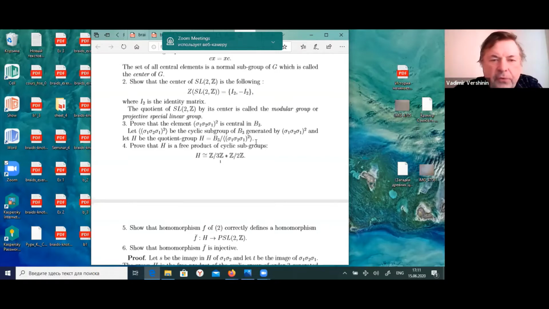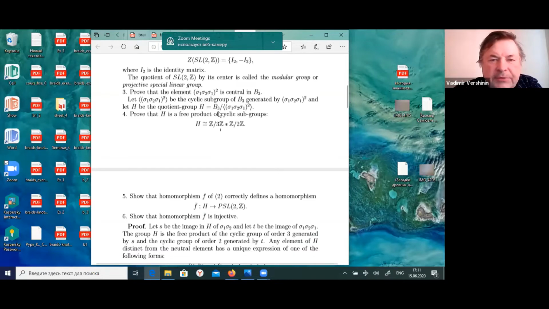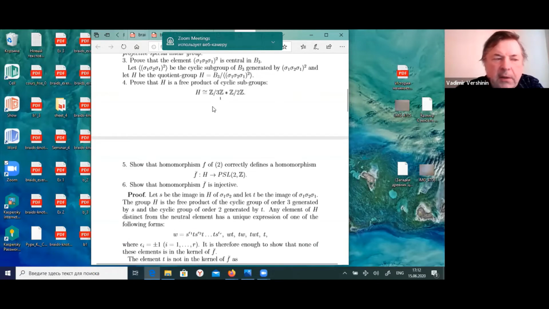Then it was proved that this becomes the free product, now without any amalgamation, just a free product of 2 finite groups, the simplest finite groups of order 2 and order 3. This is a very well-known group.